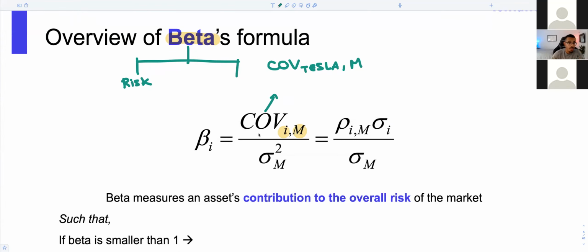At the bottom of that, we're going to look at the variance of the market portfolio. So what we're doing now is looking at the covariance between one random stock and the market portfolio over the variance of the market portfolio.